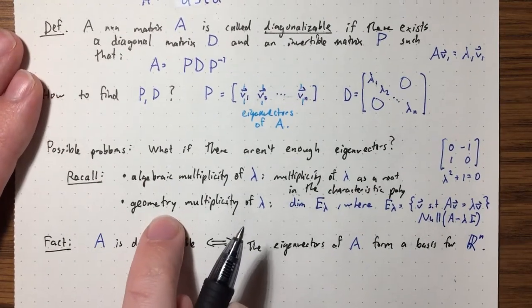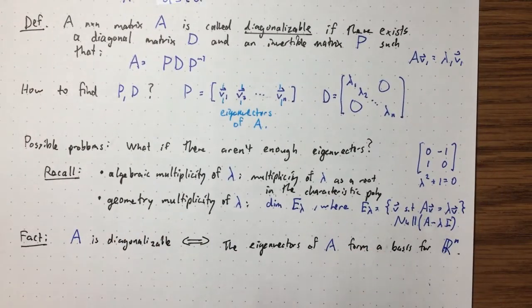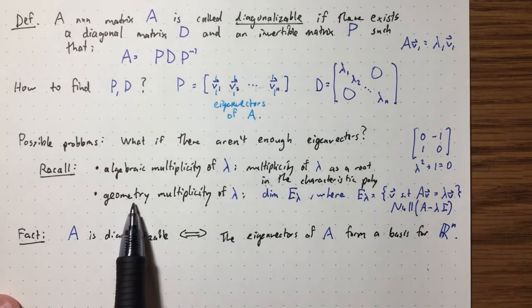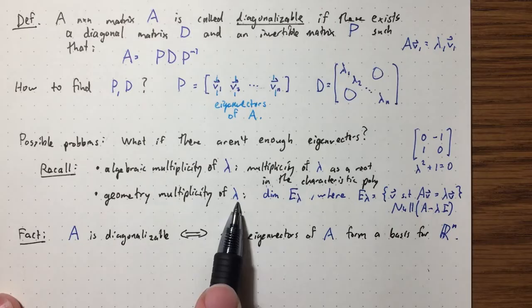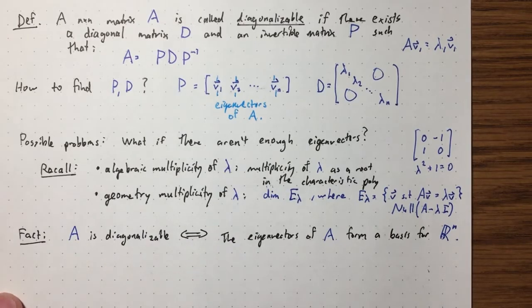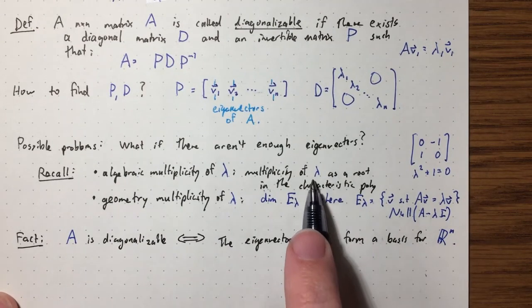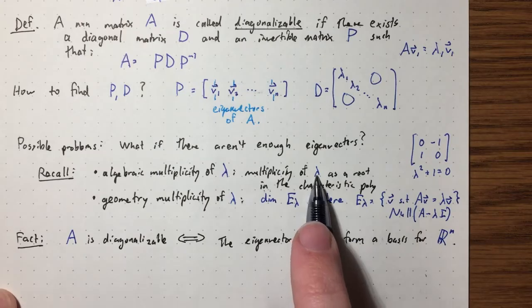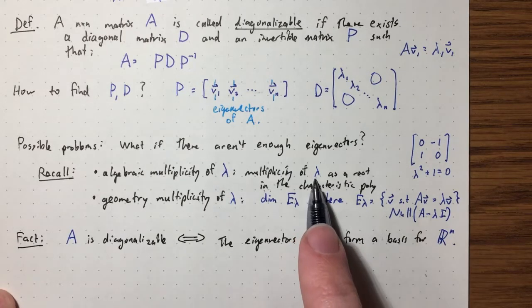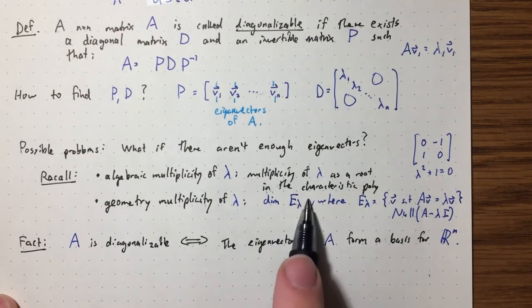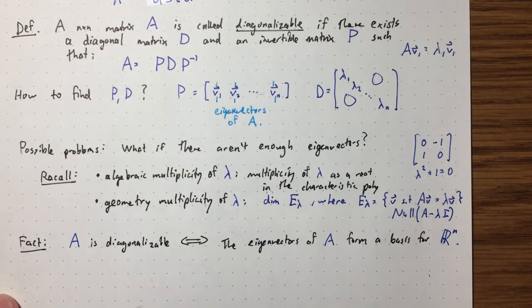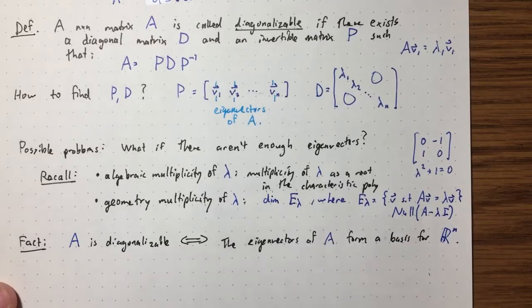But when is that definitely not going to happen? That's definitely not going to happen if, for example, the geometric multiplicity of an eigenvalue is less than the algebraic multiplicity. So we have a root of order 2. Lambda appears twice, let's say, as a root of the characteristic polynomial, but it only has a one-dimensional space of eigenvectors associated to it. So that's the problem.